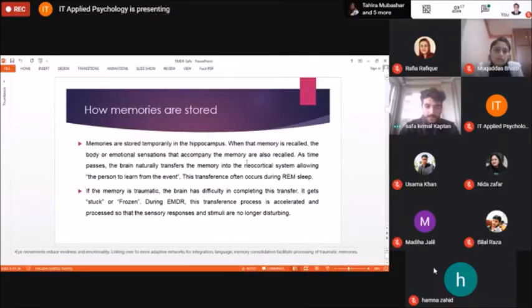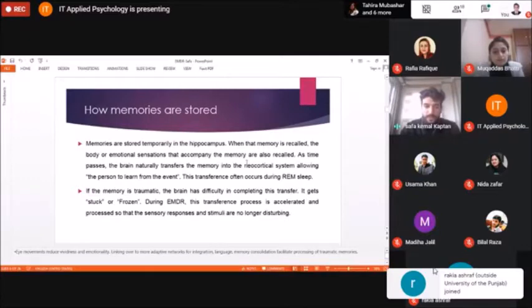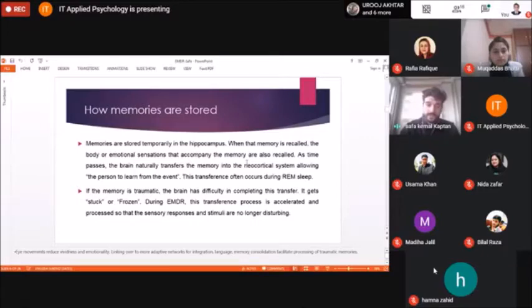We know EMDR works, but why? How does it work? Well, to be able to answer this question, I think we should first understand how memories are stored in our brain. And this is based on the AIP model, and I will talk about AIP again later on. According to AIP and cognitive psychology, our memories are stored temporarily in our hippocampus, which means that when we remember an event or an experience from our past, we not only recall the event itself, let's say it's a success or failure, whatever it is, we also recall the emotions that are attached to the event.